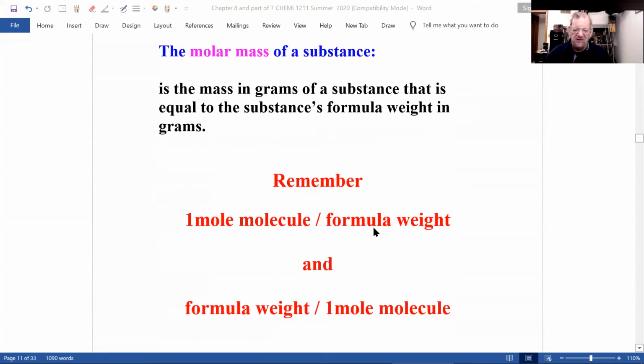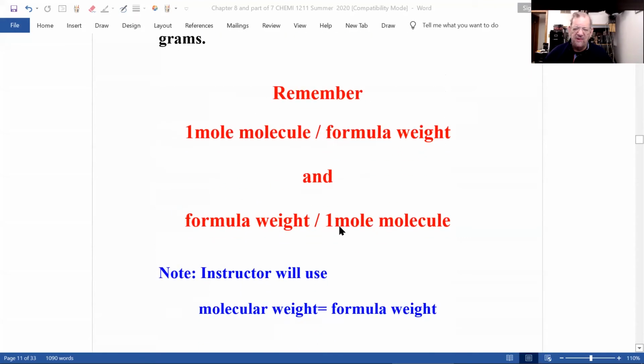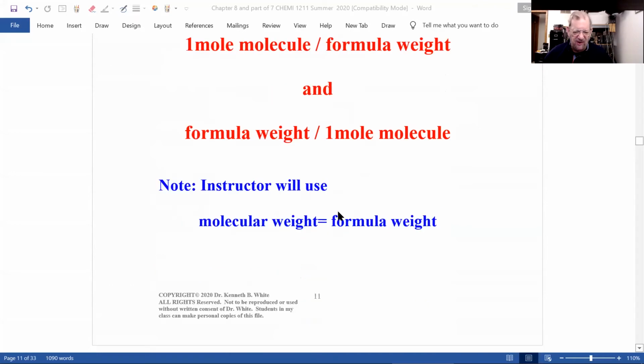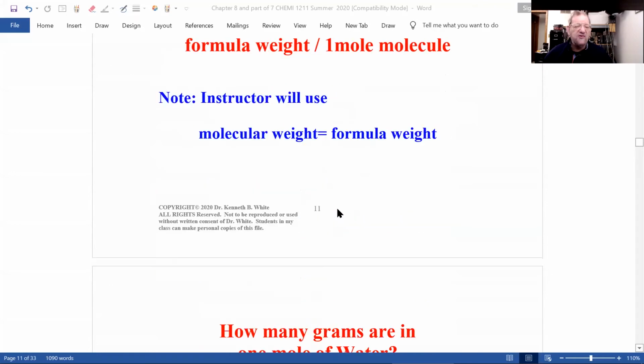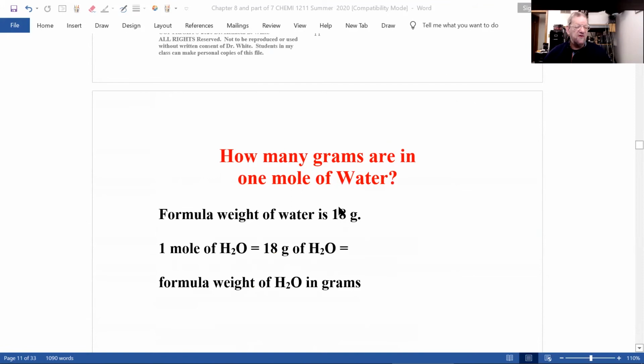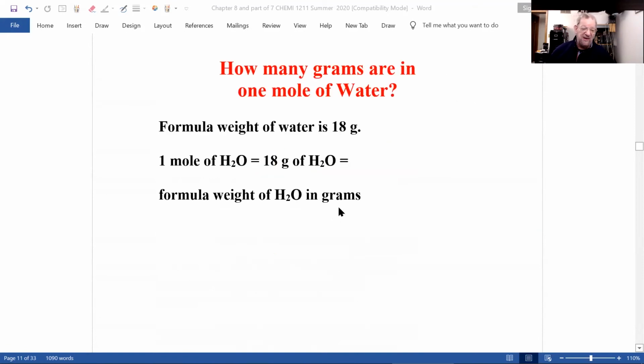What this really means is 1 mole of an element equals its atomic weight in grams. 1 mole of a compound equals its molecular weight in grams. The molecular weight is the sum of all atomic weights. So if I were to ask you to go to the lab and get me 1 mole of water, we'd weigh out 18 or 18.0 grams, and that's how you do it.